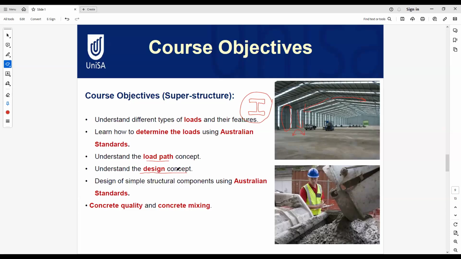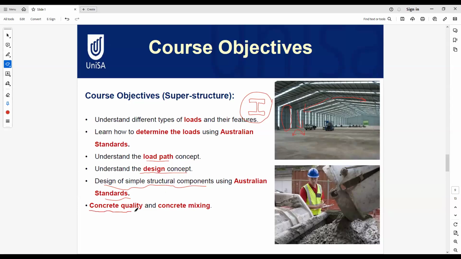We need to determine the size of the member we will be using for this column, this rafter, or this purlin and so on. And also we will learn how to design some simple structural components using the Australian standards. As I mentioned earlier, our focus in this course will be only on columns and rafters, or columns and beams. No bracing, no purlins, and so on.